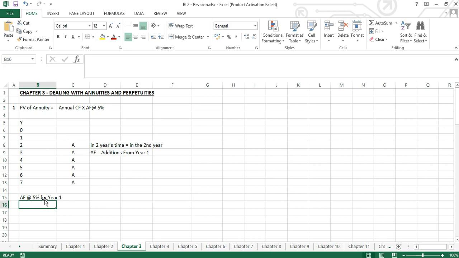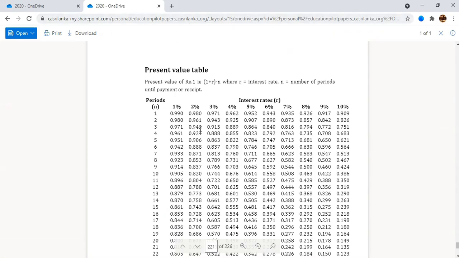The year before the first annuity payment, year 2, is year 1. So take that year's annuity factor. Then take the last year's annuity factor, which is year 7, because that is when the last annuity payment is made.